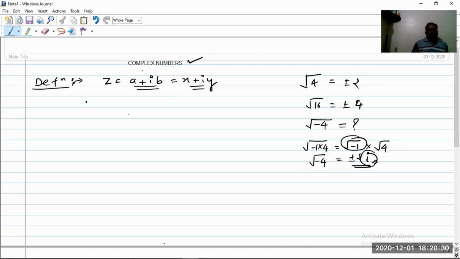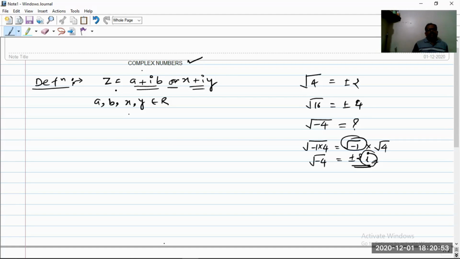But what are these a and b, or x and y? Here a and b, or x and y, are all real numbers. So this complex number again is defined with the help of real numbers only. So z equal to a plus ib or x plus iy is called a complex number.